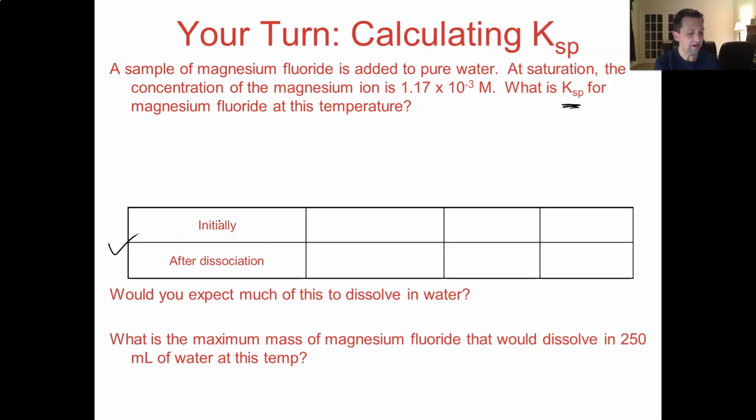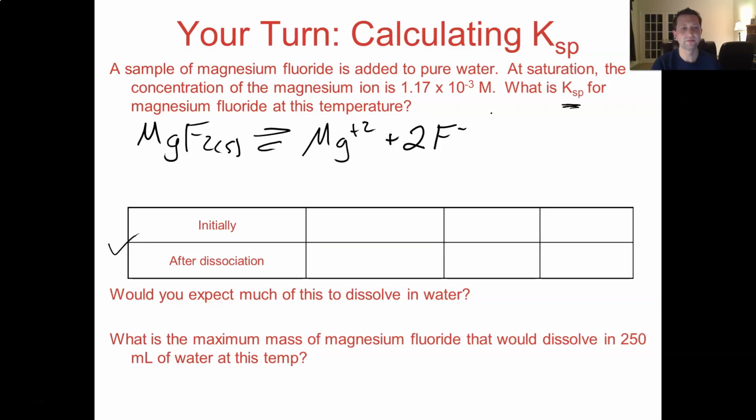Okay, so we have magnesium fluoride, so that is MgF2, solid. It's not very soluble, but a little bit does dissolve, right? So we're going to create Mg plus 2 and 2 fluoride ions, right?